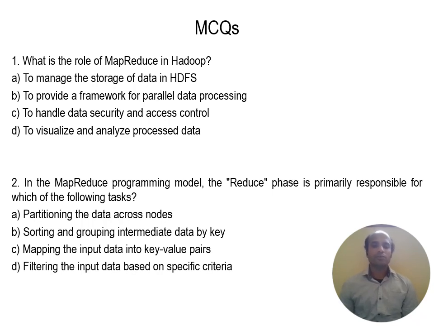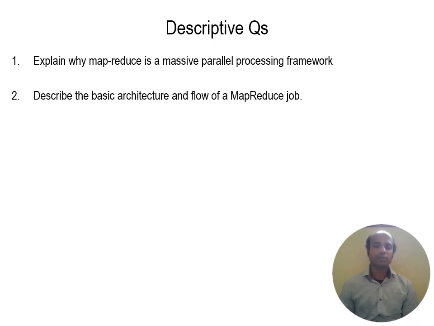Okay. So the next is the descriptive questions. These are some possible descriptive questions you may get on this particular topic. So the first question is explain why MapReduce is a massive parallel processing framework.